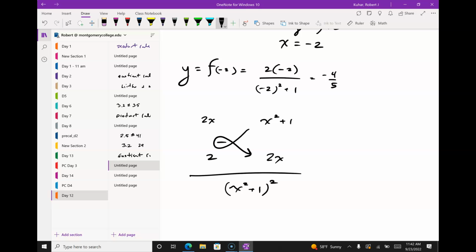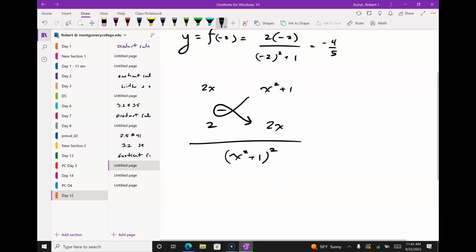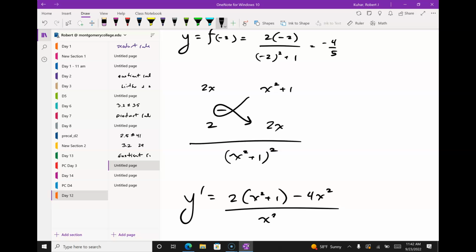Don't factor it out. Don't FOIL it out. Just leave it as it is right now, okay? So what's our y prime? 2 times x squared plus 1 minus 4x squared all over x squared plus 1 quantity squared. Make sure you're with me there. And go ahead and simplify that numerator for me.